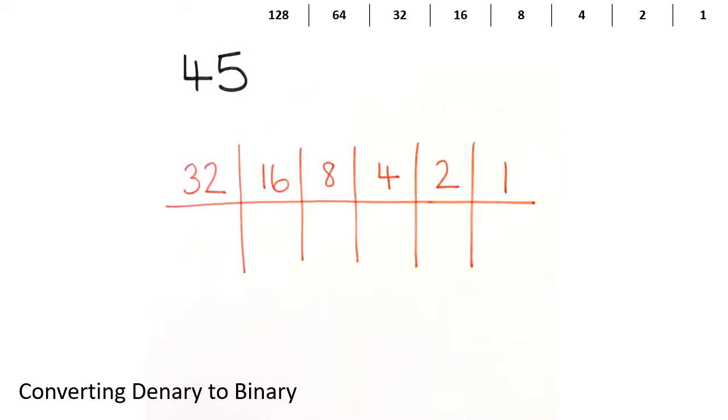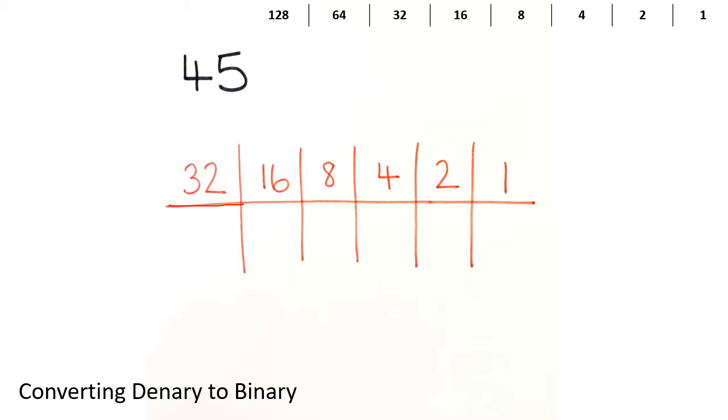So again, just like before, we're going to write down our place values. Now 45, because it is smaller than 64, we know we're not going to have a 64, so I'm only going to use the place values from 32. So it's worth drawing your table like this. Now, we're going to start on the left over here with 32 because this is the biggest number.